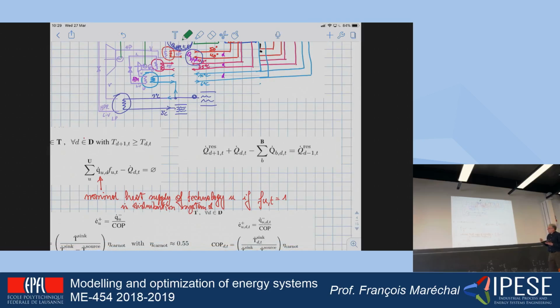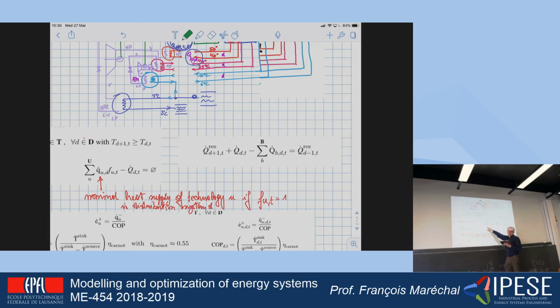I'm going to write another interesting equation. I'm going to say that if there is heat available at high temperature in a distribution system by a heat cascade, so by indeed a heat exchange, if it is supplied at higher temperature, I can always use it at a lower temperature. So I'm going to write an equation like this.